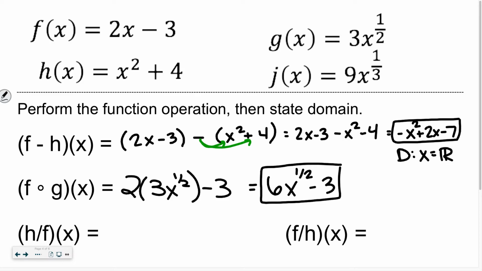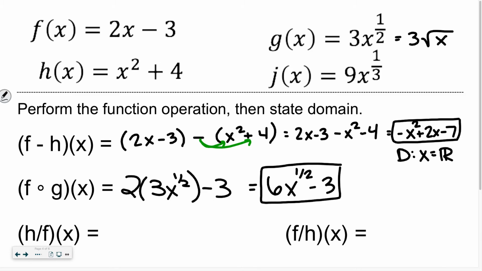Okay, now think about domains. You know, f of x was linear, which would have been all real numbers, 2x minus 3. Okay, put anything I want into that. G of x, 3x to the 1/2, what kind of function is that? That's the square root. Doesn't this say 3 times the square root of x?